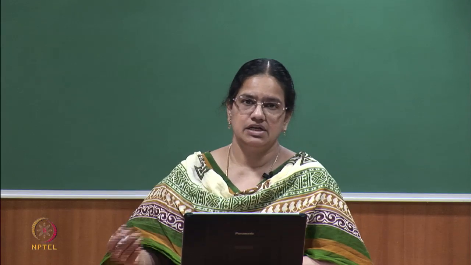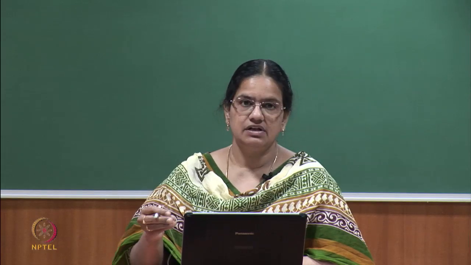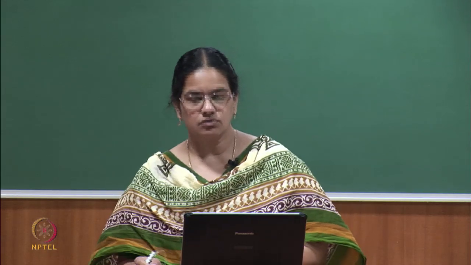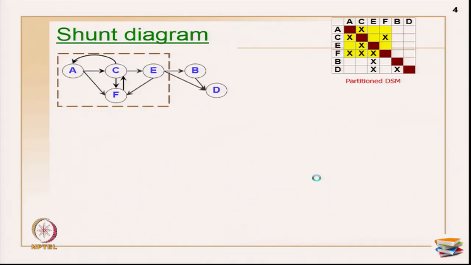It can be strength of dependency, sensitivity of information, or even rework probability. It can be anything that you want to keep between these two activities. Primarily we use them to choose the marks for the tearing process, based on the type of project.